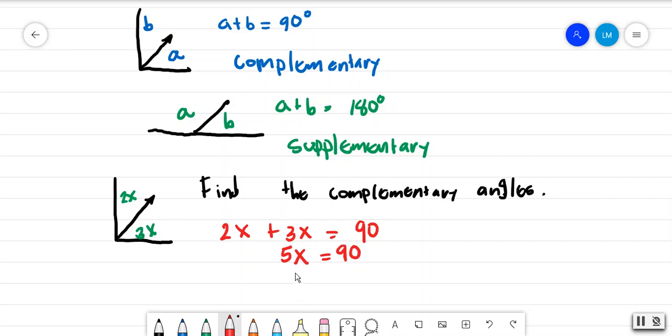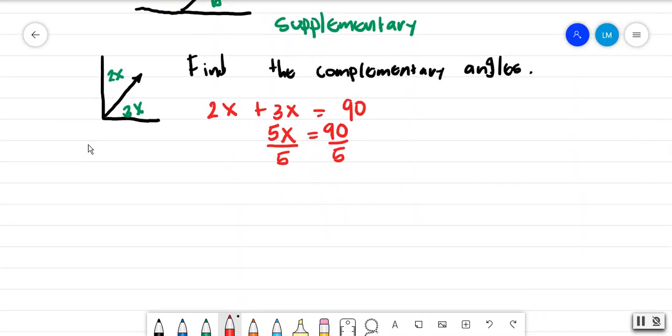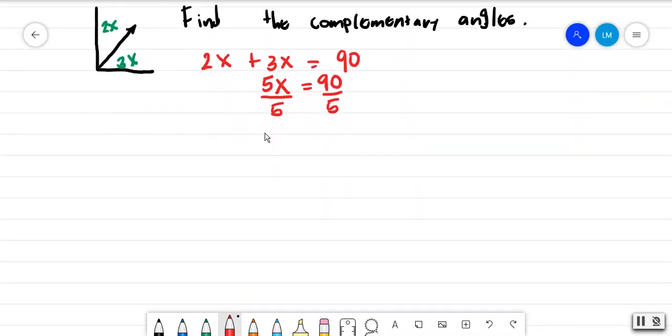Now, this is just a linear equation, so we can divide by 5 on both sides. That reduces it, so we have cancellation, and that gives us x is equal to 90 divided by 5, which is 18.